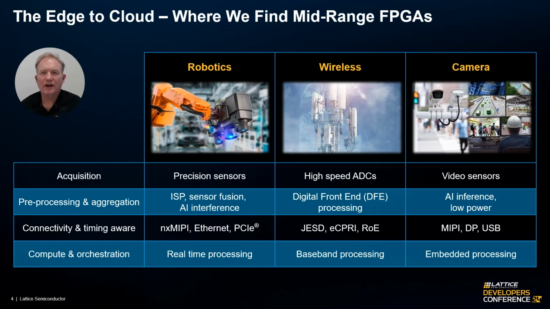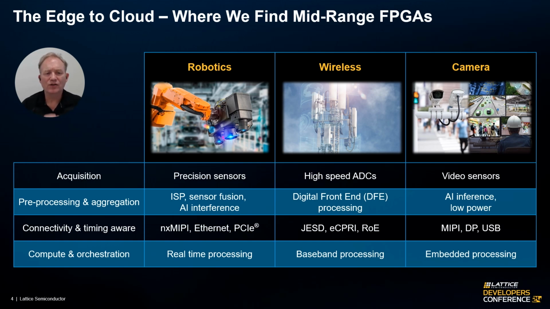So I wanted to start out by giving an overview of the edge to cloud application space because as we were defining and developing the Avant platform, this is an application space we had in the forefront of our minds. It's one of the most common uses of mid-range FPGAs. And on the slide, I spell out 3 of the most common edge to cloud application functions that we see.